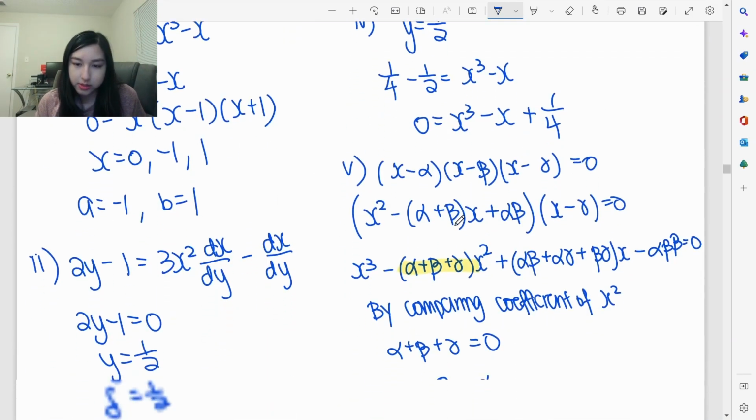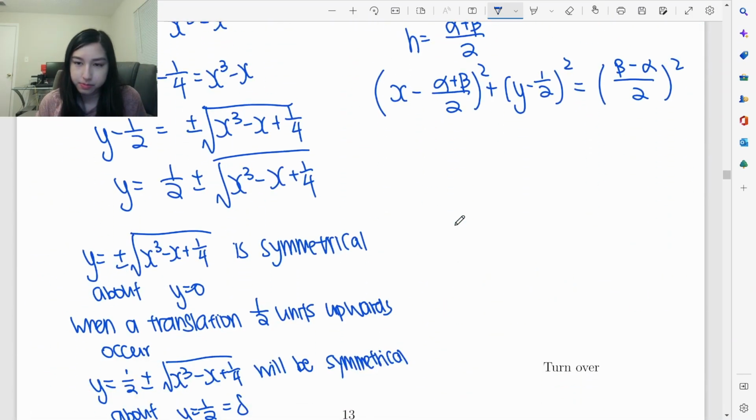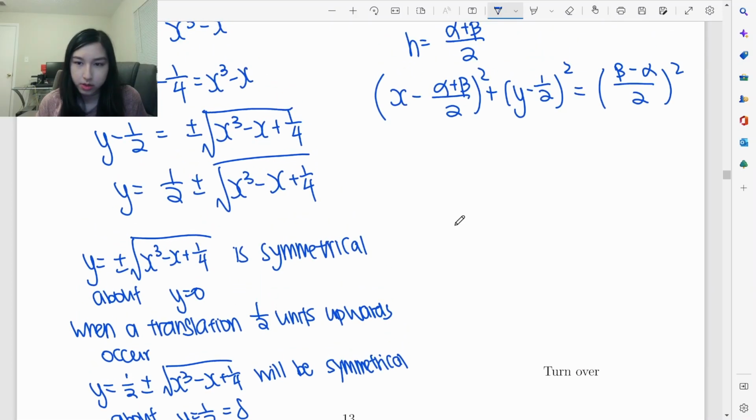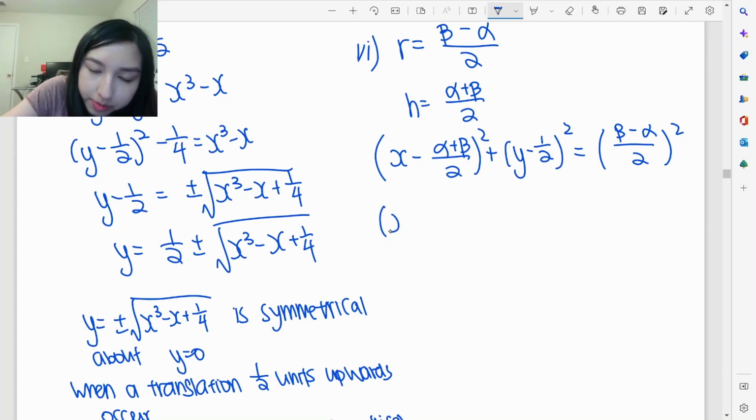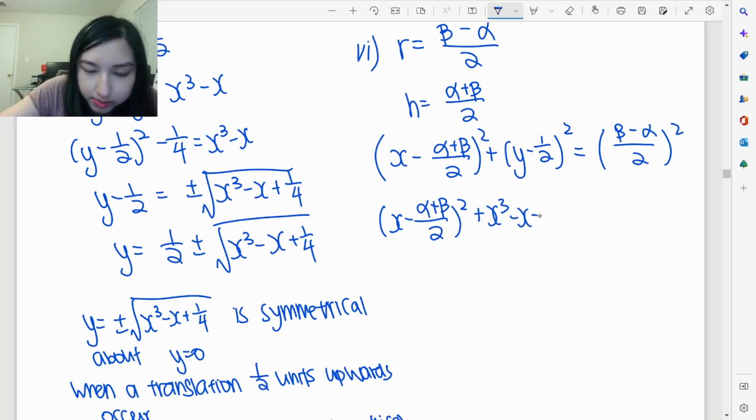Show that this intersects S. Well, we already know y minus half squared is equal to this, so I can just replace that. x minus (alpha plus beta) over 2, squared, plus x cubed minus x plus 1/4 has to equal (beta minus alpha) over 2 squared.